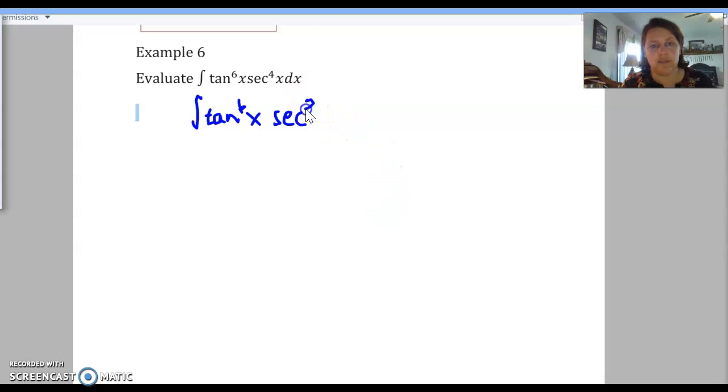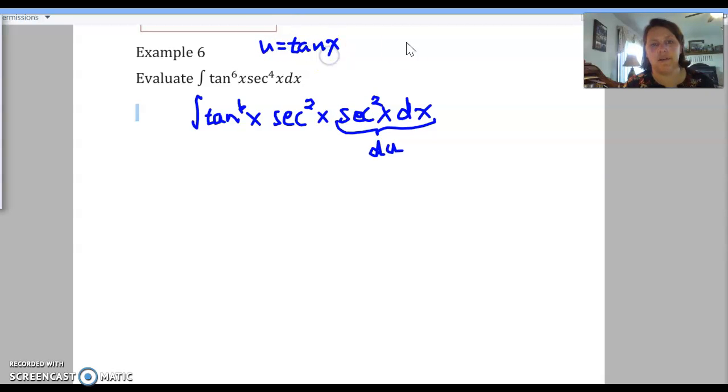So if we have a secant squared x, that one's left over, and peel off another secant squared x dx, then right here can be one of my derivatives, or a du. Okay, so if I have my u equal to tangent x, then my du is going to equal secant squared x dx.